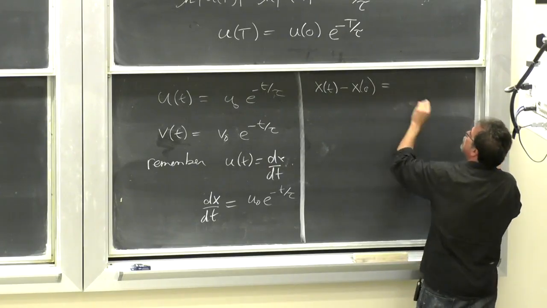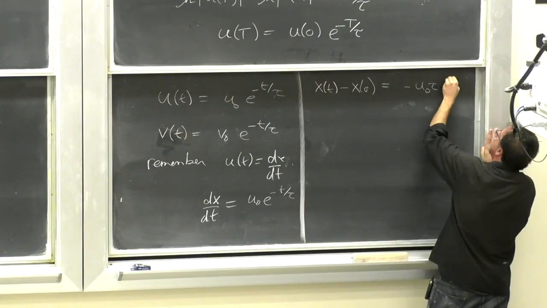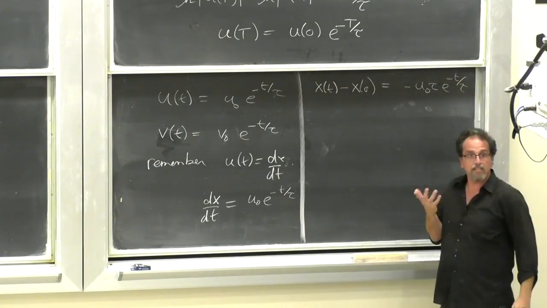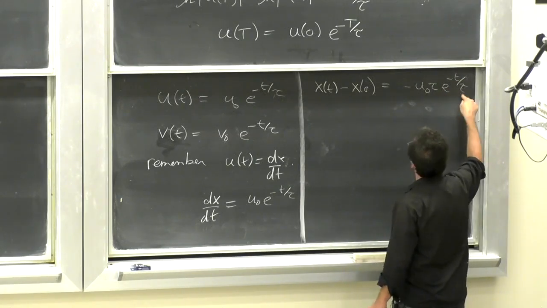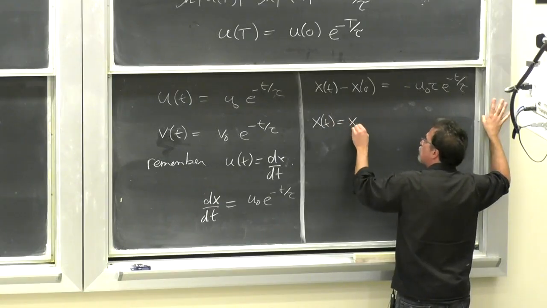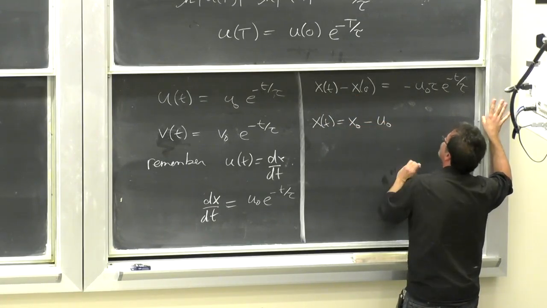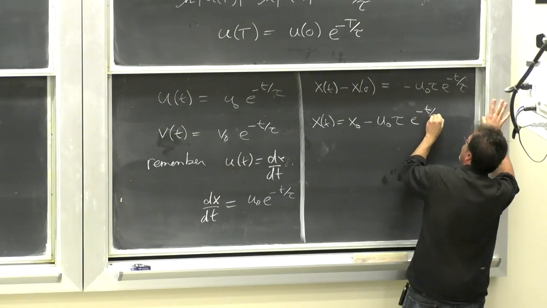And that's equal to negative u0 times tau e to the minus t over tau. I just took the antiderivative of the right-hand side. The antiderivative of the exponential, I get the negative from the top and the tau from over here. And put differently, I have x of t equals its original x0, I'm going to use subscript again, minus u0, its original velocity, times tau e to the minus t over tau.